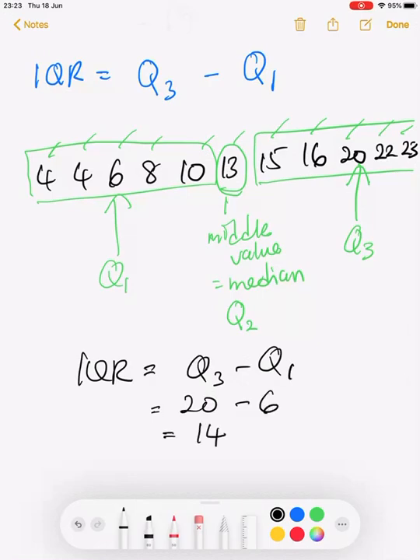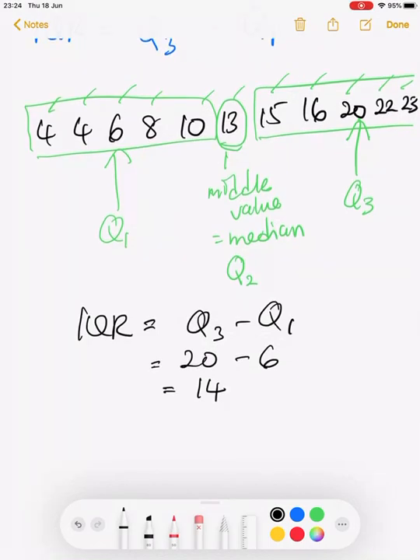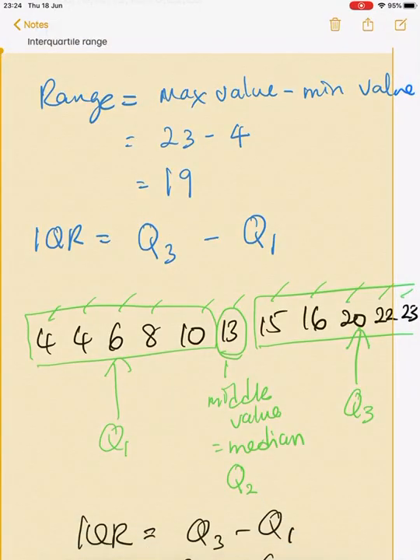It is easier for us to find the interquartile range for this kind of data. What kind of data is this? This is when the number of data is odd, 11. When your number of data is odd, the first quartile and the third quartile can be identified directly from the data. So you can just subtract 6 from 20 and you get 14.